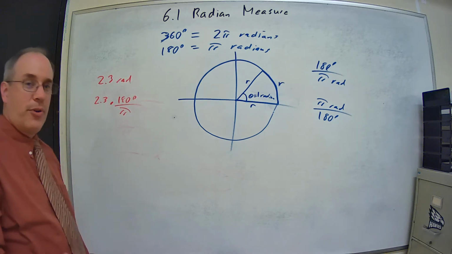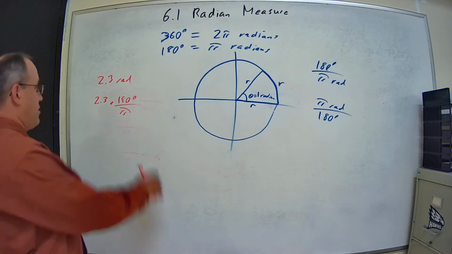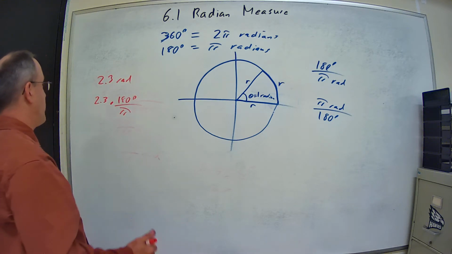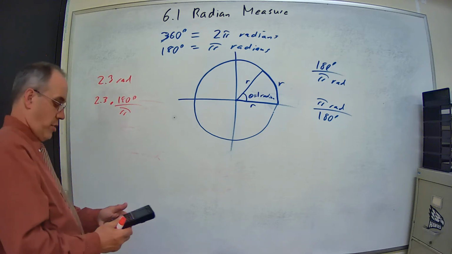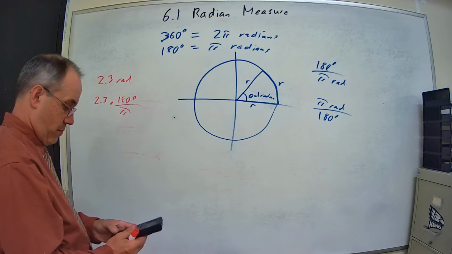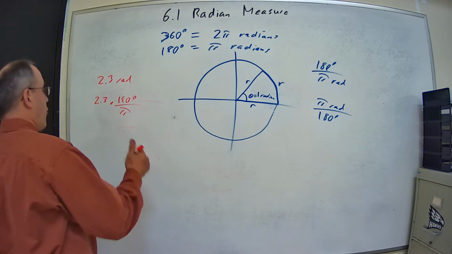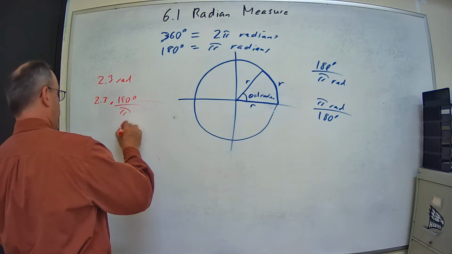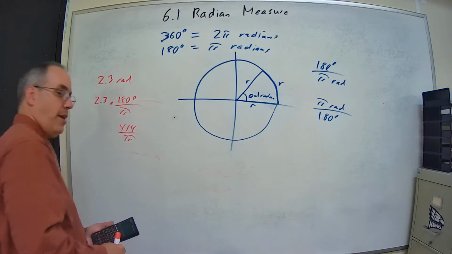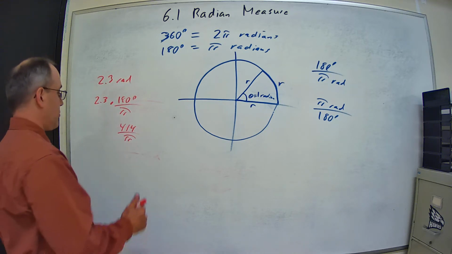Remember, I don't have to put radians in there because it doesn't have a unit, so it's assumed that it's radians. So 2.3 times 180, 414. So 414 over pi degrees.